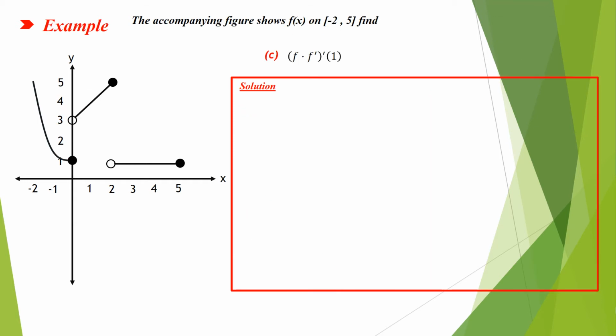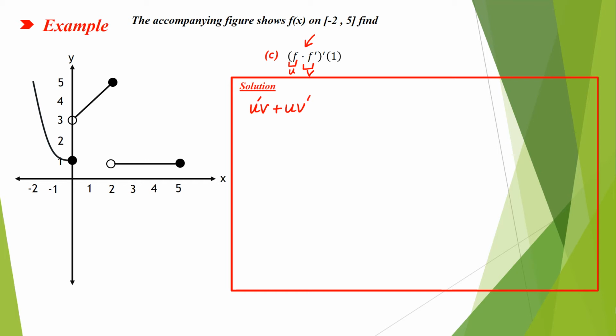In part C you have to find f times f prime, all prime, when x equals 1. So we have two functions multiplied with each other and you have to find the derivative of them. So you name f u and name f prime v, and you have to use the product rule to find the derivative of this function. So (uv)' equals u'v plus uv'.